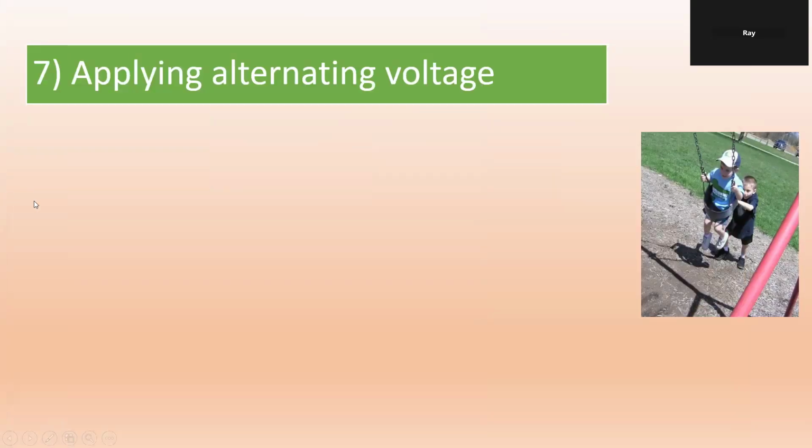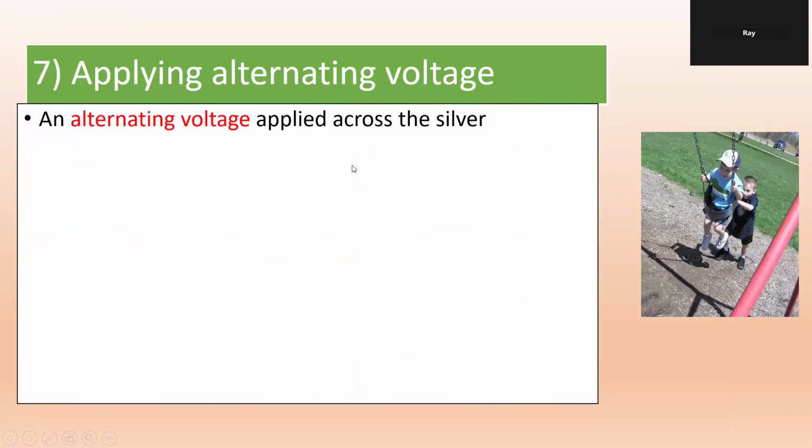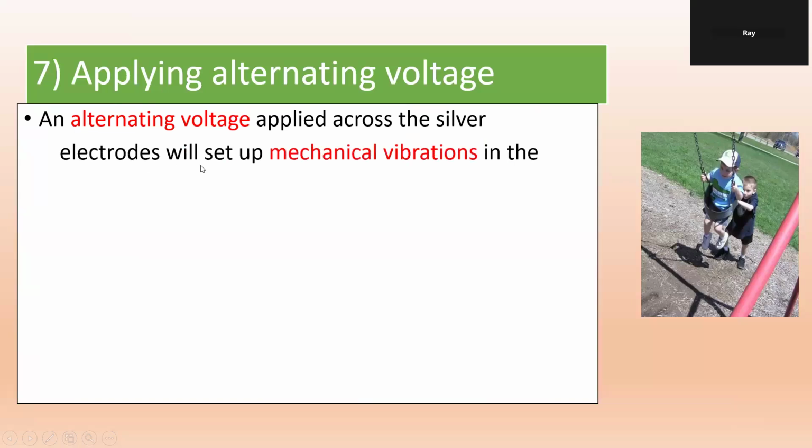Applying alternating voltage. We are using what we have learned about oscillation and resonance. An alternating voltage applied across the silver electrodes will set up mechanical vibration in the crystal. So that alternating voltage is like this person pushing.